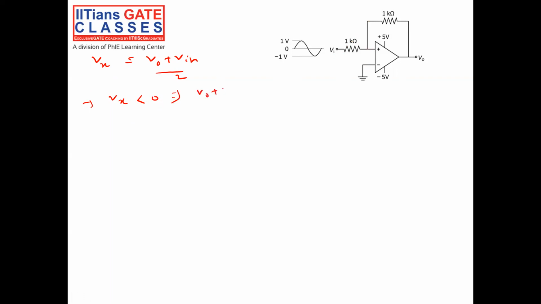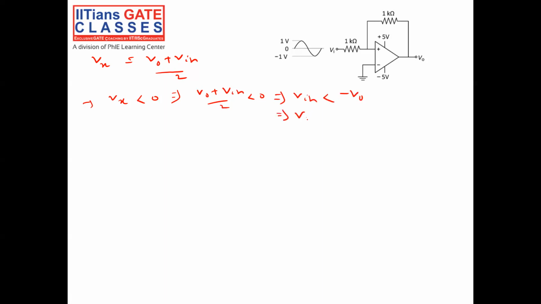Simplifying, (V0 plus Vin) by 2 is less than 0, so Vin is less than minus V0.